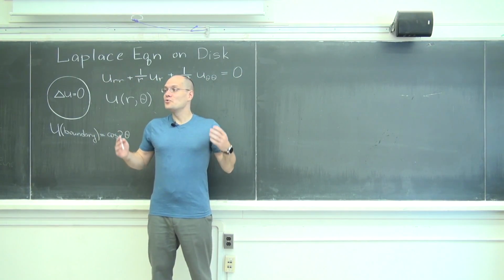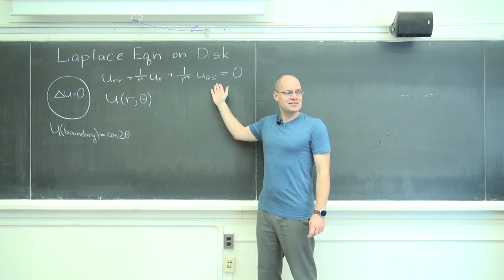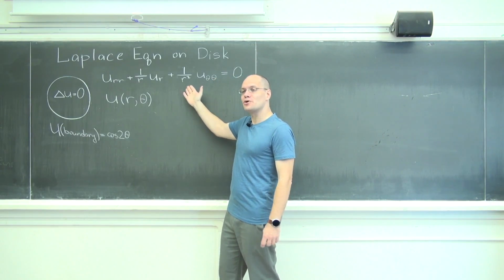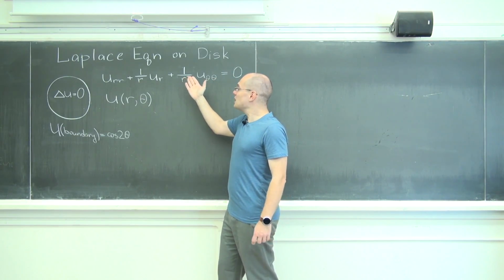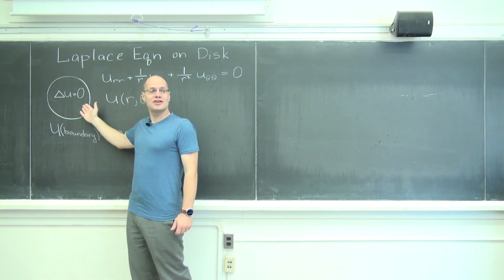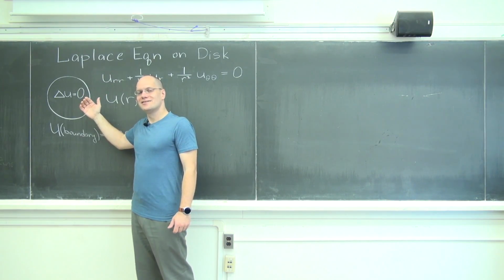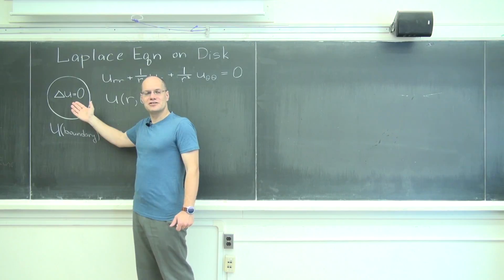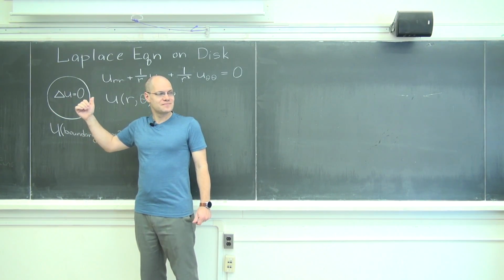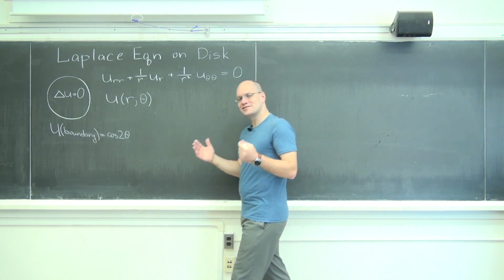All right, we will now begin solving Laplace's equation expressed in polar coordinates on the unit disk. And of course, these are natural coordinates for the unit disk, because in polar coordinates, the unit disk is described by the equation r equals 1. Whereas in Cartesian coordinates, it's described by the equation x squared plus y squared equals 1, or x equals r cosine alpha, y equals r sine alpha.